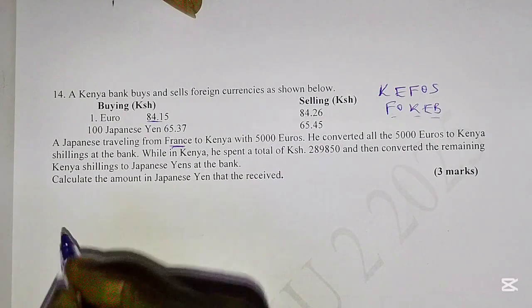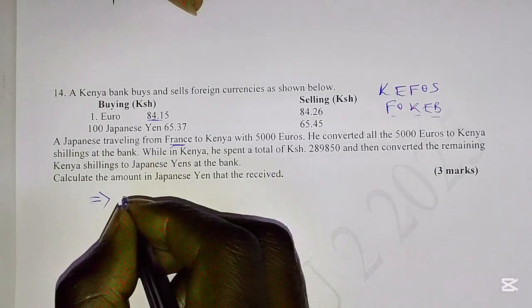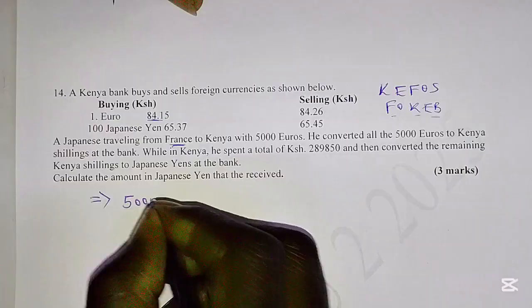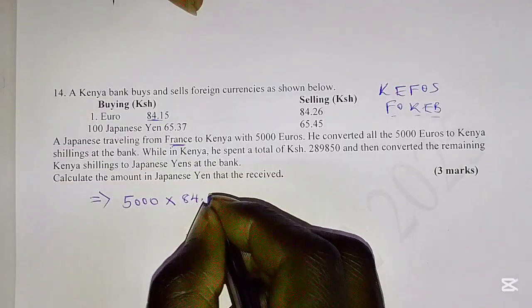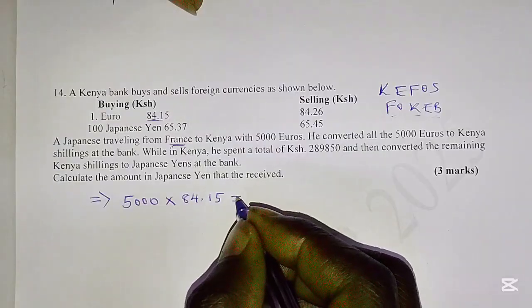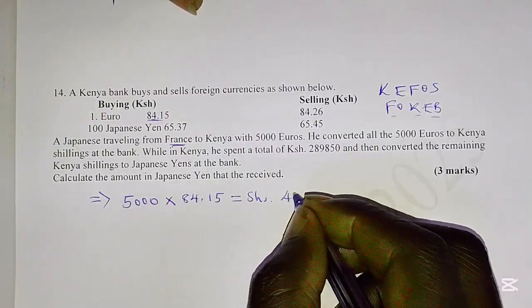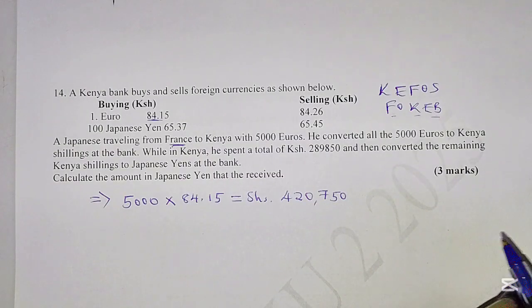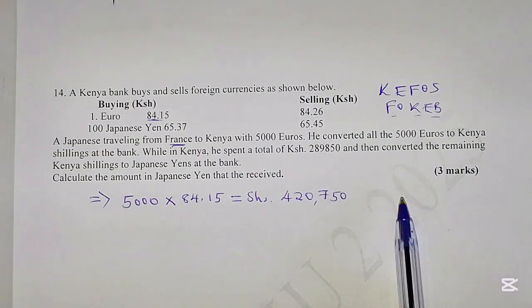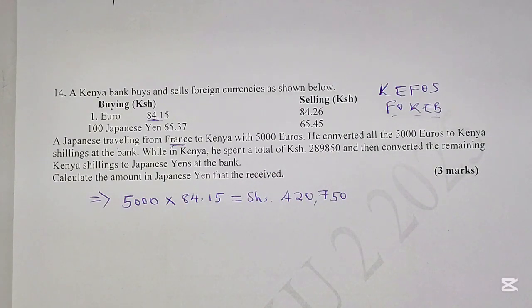84.15. So how much money in shillings did he get? This tourist got 5,000 euros multiplied by the buying column 84.15, and putting this on a calculator gives us 420,750 shillings. Now, while in Kenya, he used 289,850.